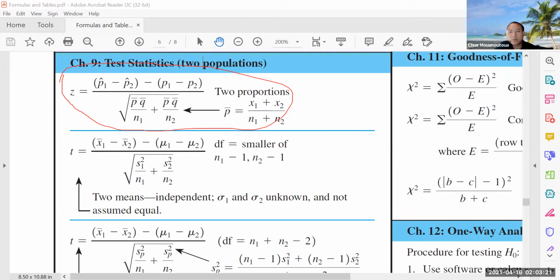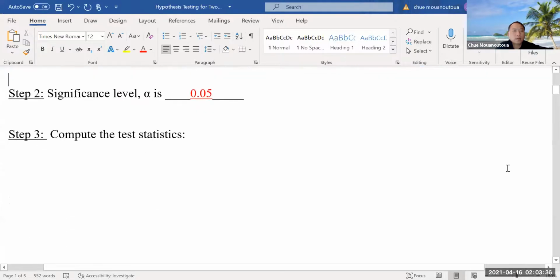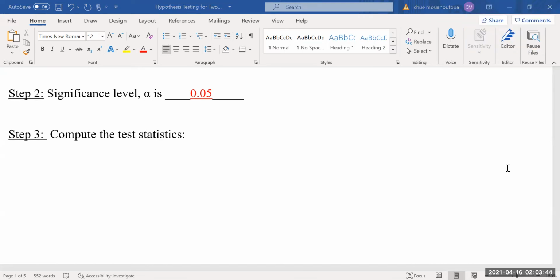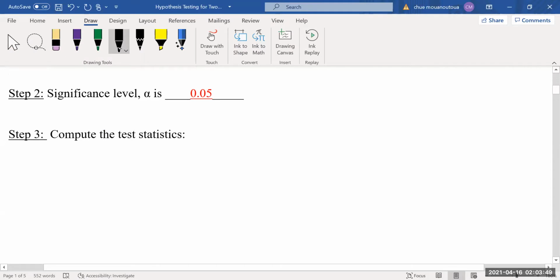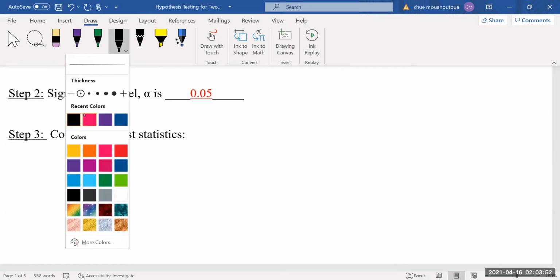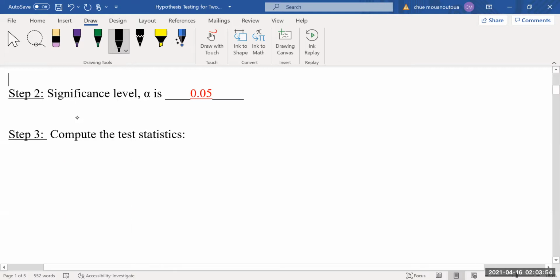So we're going to go back to this worksheet, and we're going to write down the formula there. Okay, so the test statistic for this will be Z. I'm going to go ahead and write this down to save some time. You don't want to use the computer to write it.